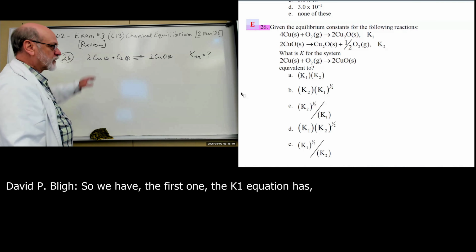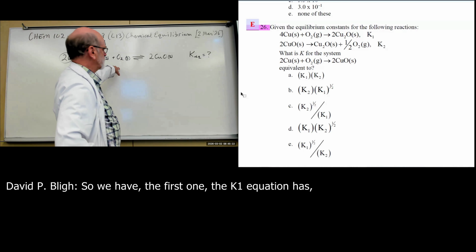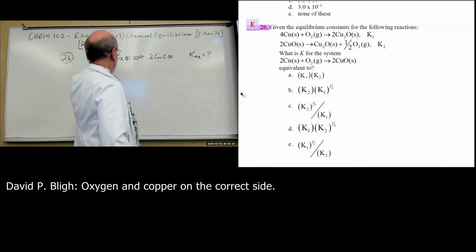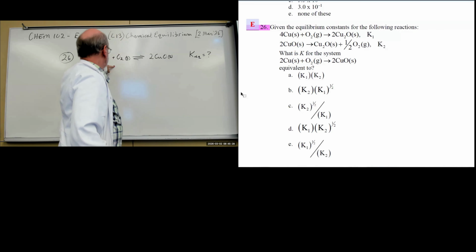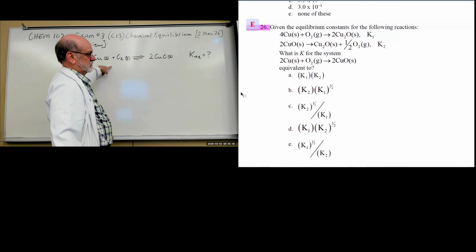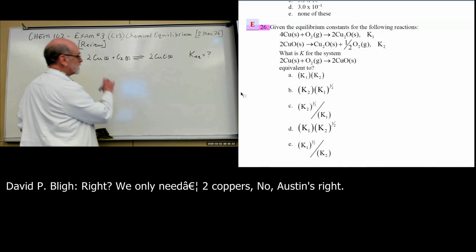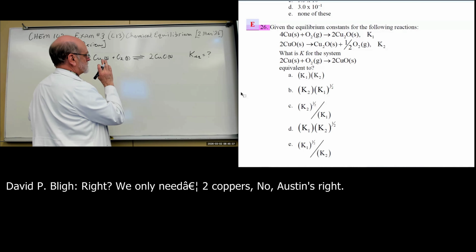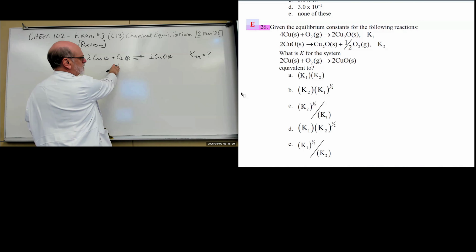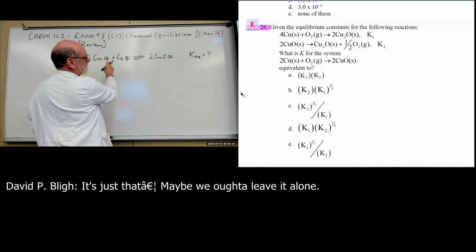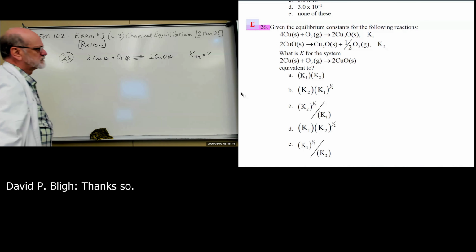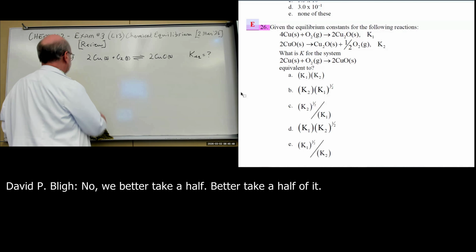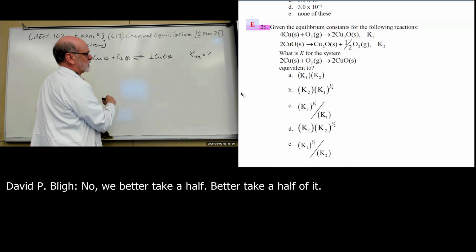So the first one, the K1 equation, has oxygen and copper on the correct side, but we need half of it. Right? We only need 2 coppers. No, the oxygen's right. It's just that maybe we ought to leave it alone. Think so? No, we better take a half of it.